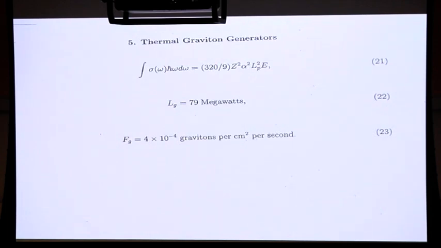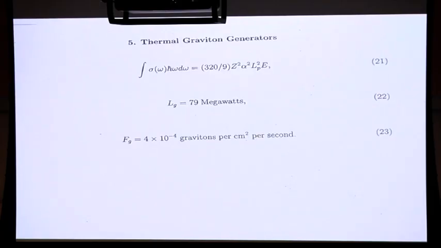And that turns out to be 79 megawatts for the sun. Of course, it's a large amount of energy by human standards, but very small by astronomical standards. And so it turns out to be 4 times 10 to the minus 4 gravitons per centimeter squared per second.